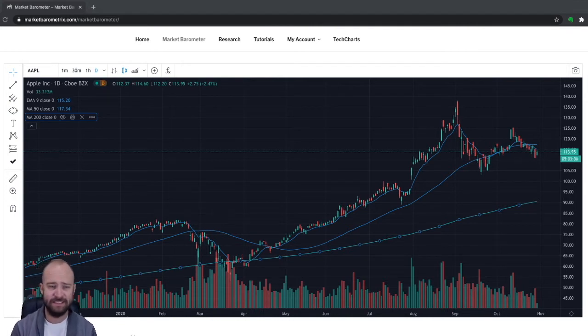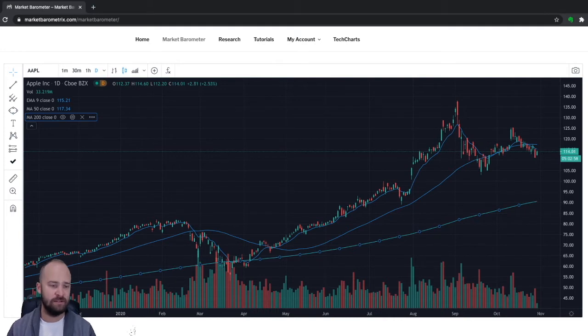Back to our analysis, let's start by looking at the long-term trend. So we're going to lean on the 200-day simple moving average to indicate to us that long-term trend. And remember, the 200-day is the line that smooths out price the most. So you're going to see it reacting very little to short-term price fluctuations. So it's usually pretty easy to identify which line is the 200, 50, and 9-day.